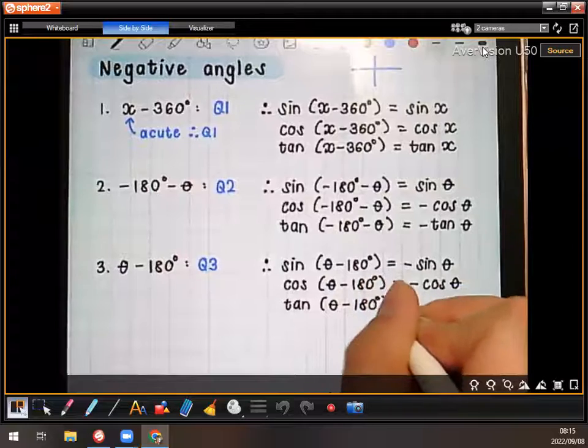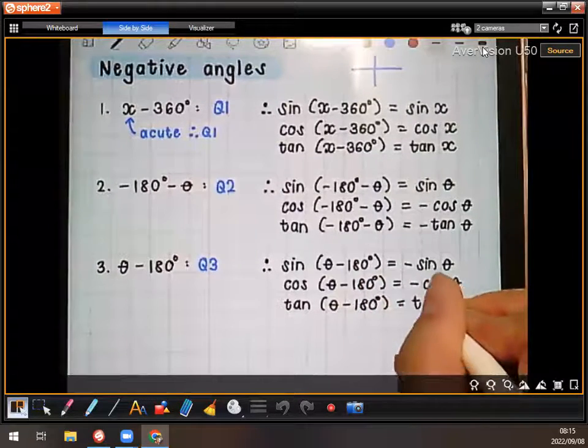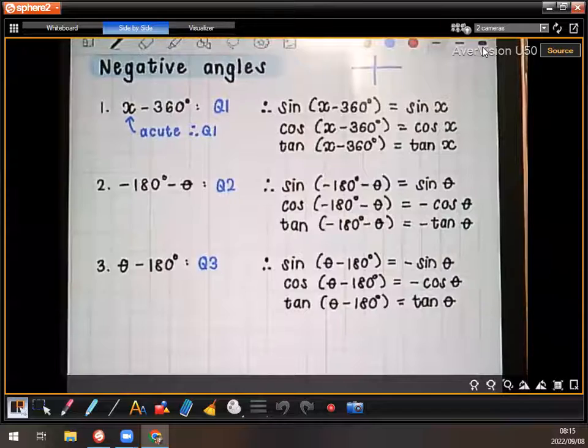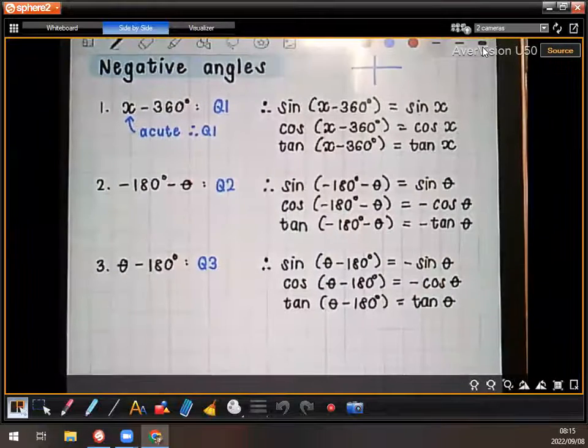So this one is just going to become positive tan theta. Right. So guys, these are just 3 examples of how you can figure out which quadrant it's in.